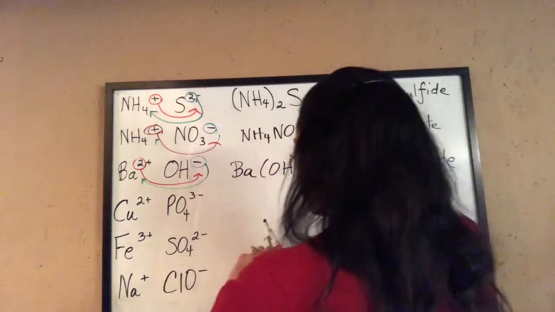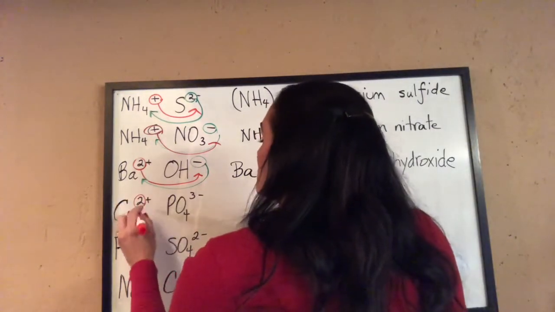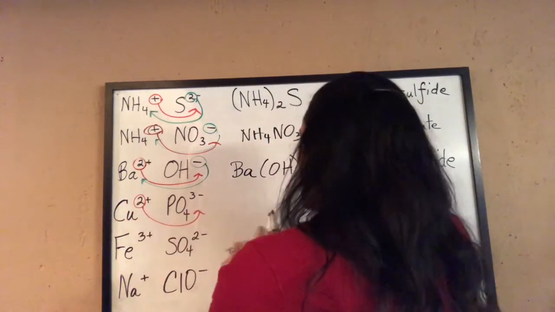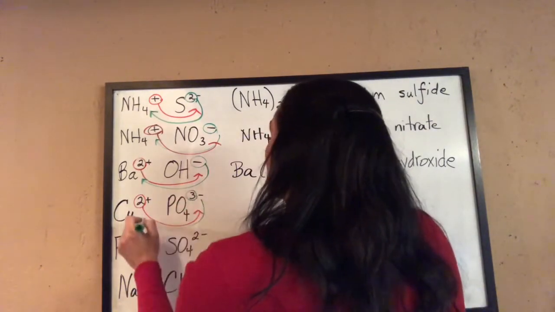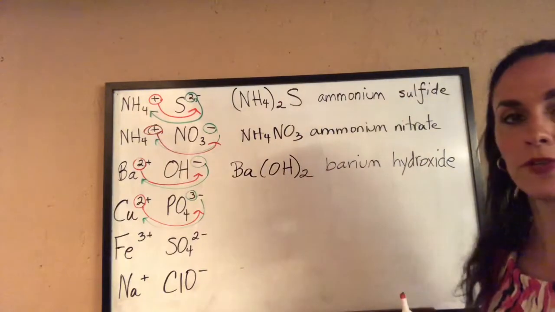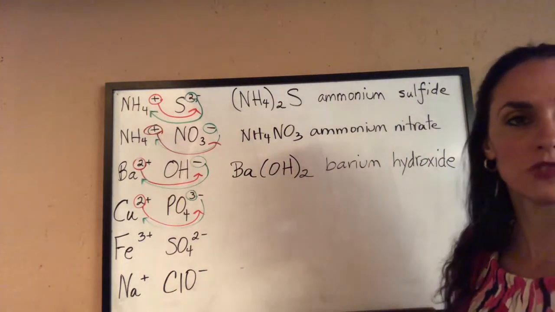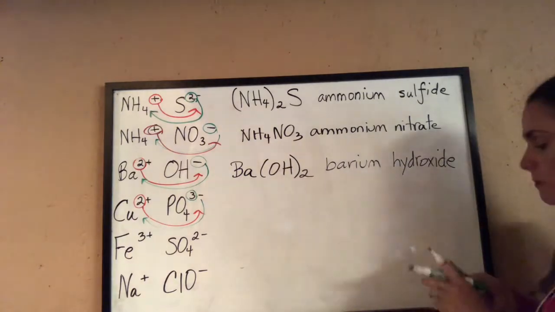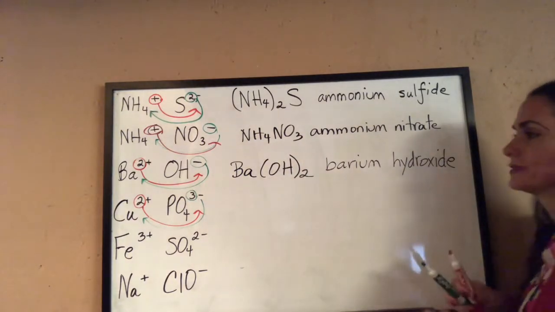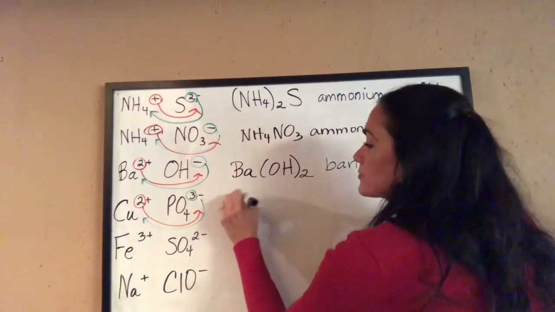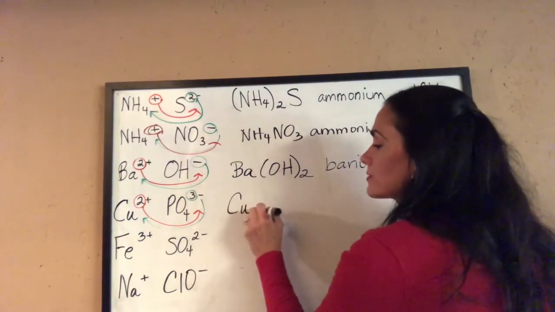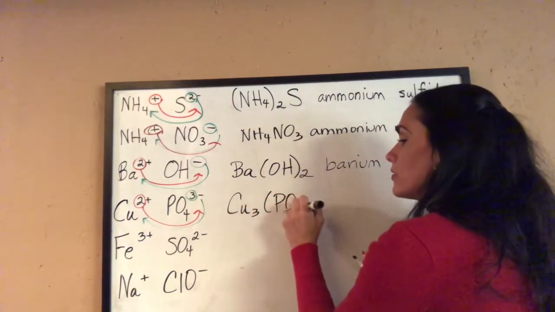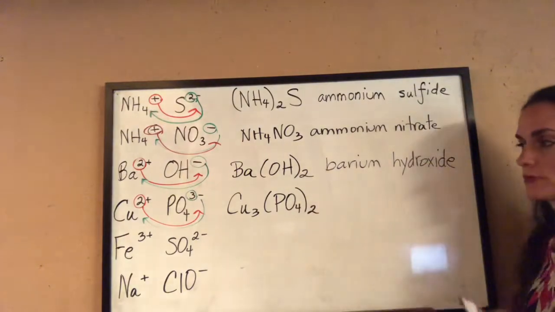Let's keep going. And if at any point you want to stop the video and try it on your own, and then see me go along with it, you can do that too. Formula will be Cu3(PO4)2.